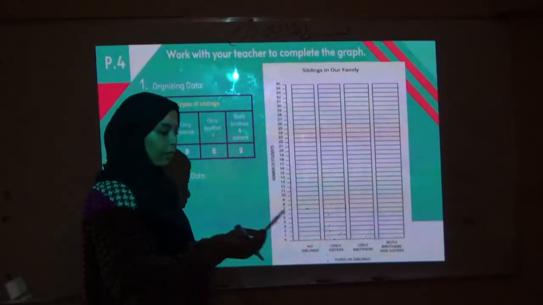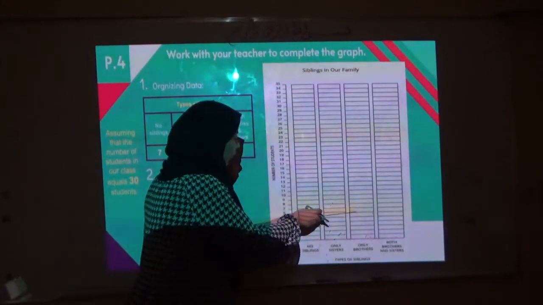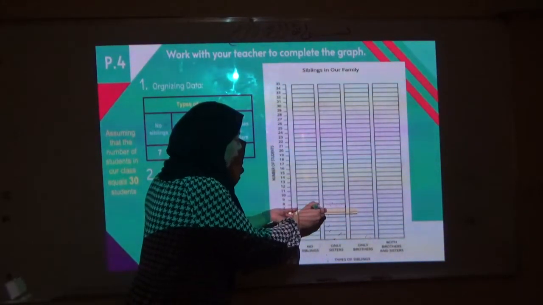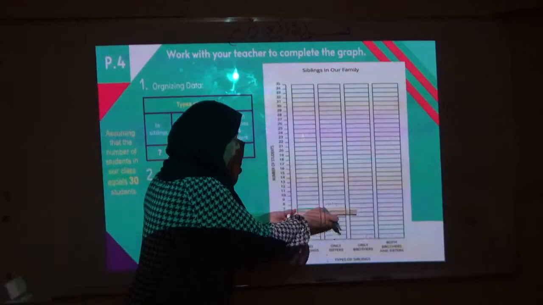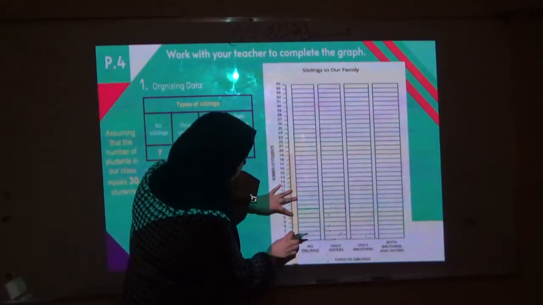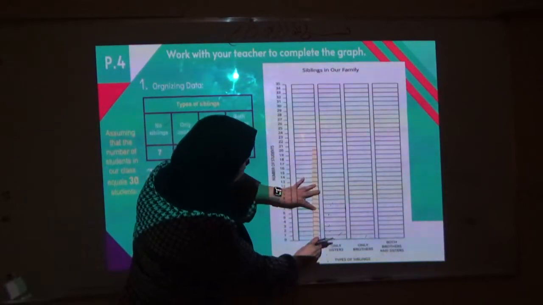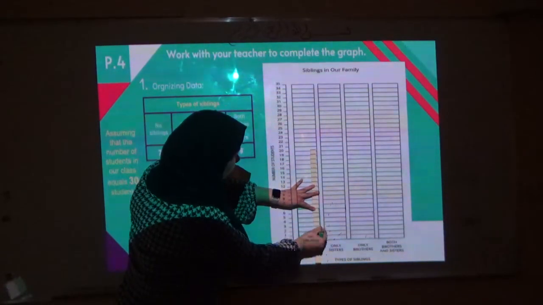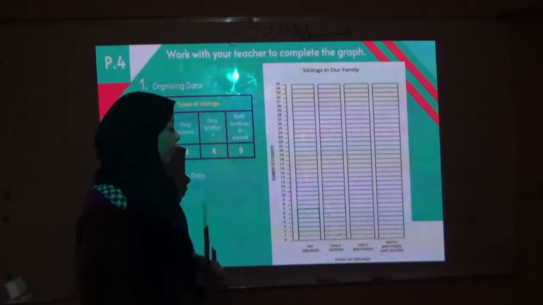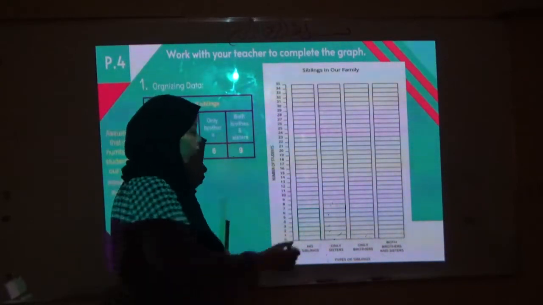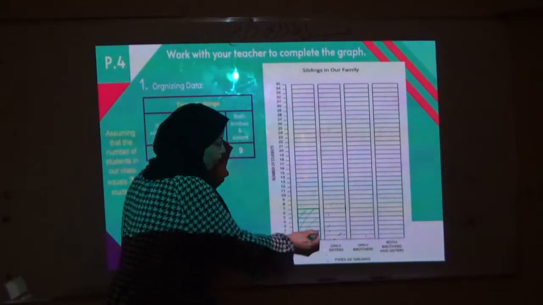I will put a mark for myself, and then I will use my ruler to draw my bar. Now feel free to leave it empty as it is, or draw it, color it.